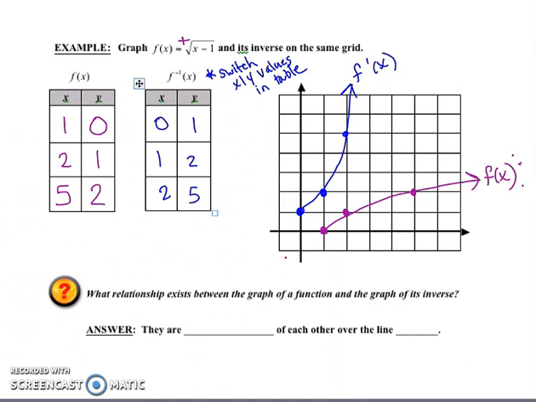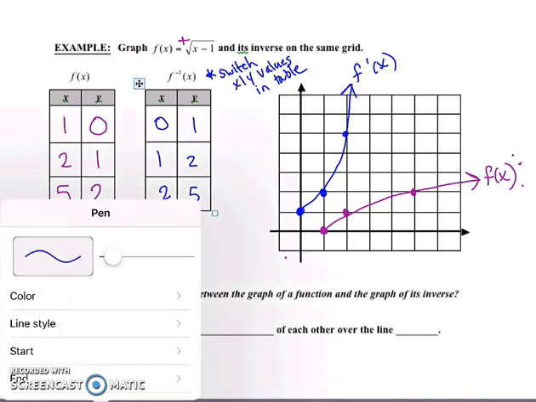And the question that is being asked is, what relationship exists between the graph of a function and the graph of its inverse? Well, if you look at this graph and tilt it a little bit diagonally, perhaps you would notice that these two graphs are kind of mirror images of each other over an invisible diagonal line.